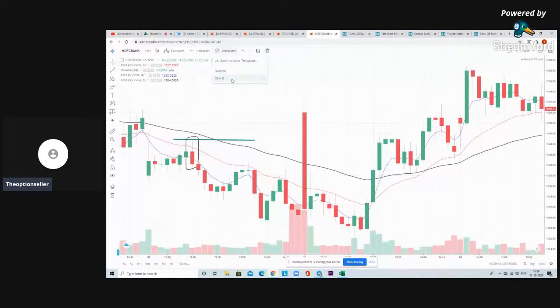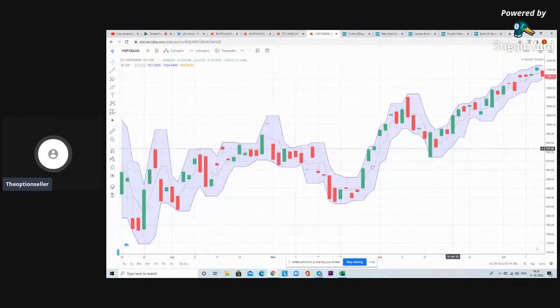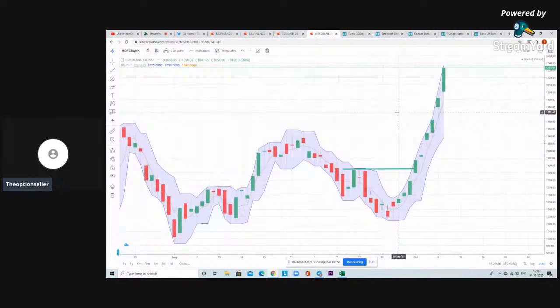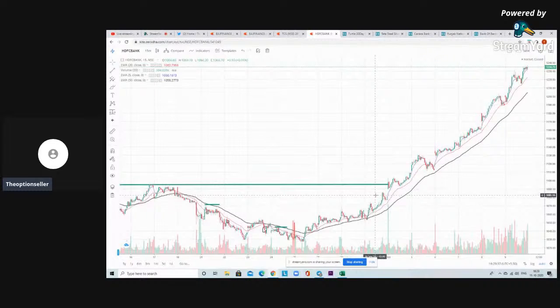when did the trend change? On 25th, the Donchian channel had come down to 1055. On 25th, when it closed, it was at 1055. Right?